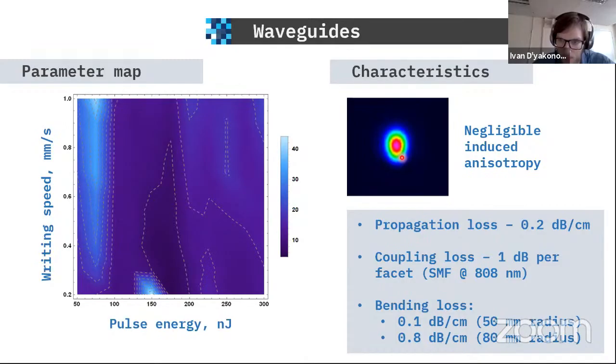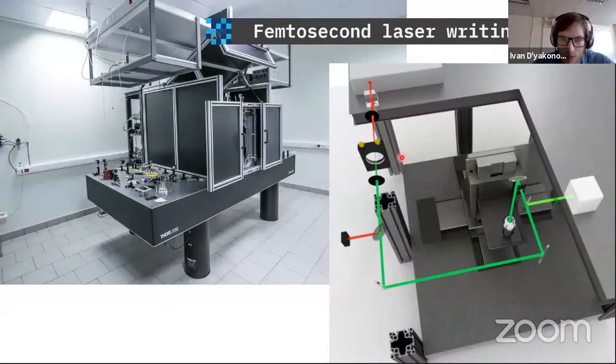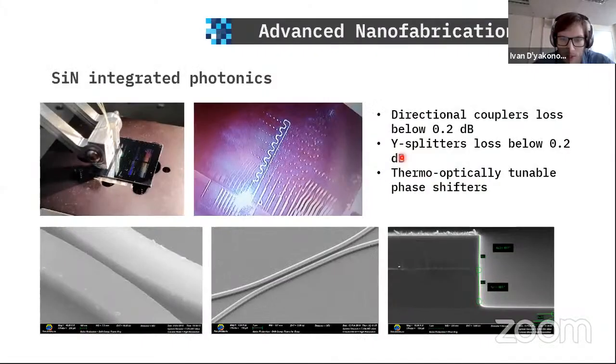If you are talking about lithography-based devices, then the situation is more complex because here the mode confinement inside the waveguide is sub-wavelength. We use structures 600 nanometers wide and around 200 nanometers tall.